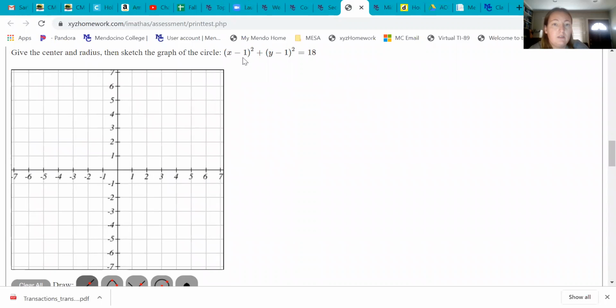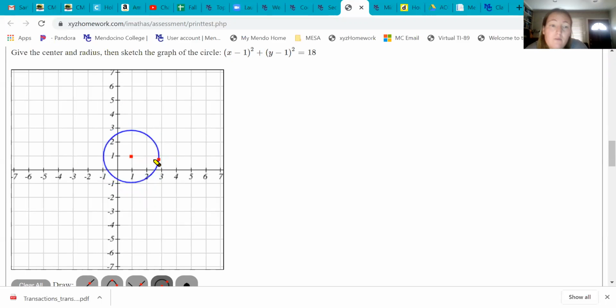So here you go to 1, 1, and you go to the square root of 18. And so you just, oops, you needed the circle. So you go out and you can see that it's letting you pick what it is. Square root of 18, the square root of 16 would be 4.